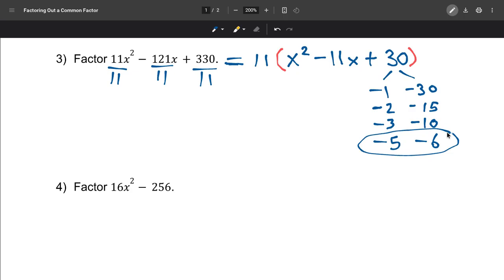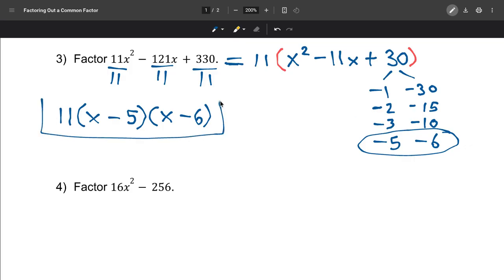Those two add to negative 11, so I'll pick those. I'm going to write this in factored form as 11 times x minus 5 times x minus 6. And that's it for that one.